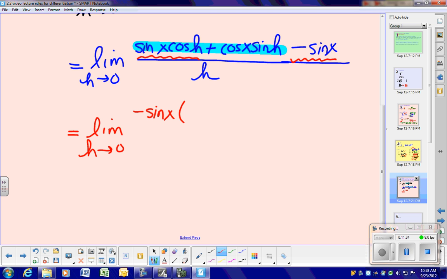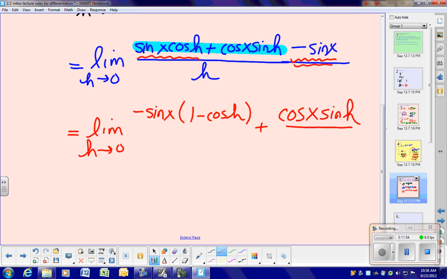So the negative sine is with a 1 from this last term, and then it is with negative cosine from that first term that I underlined in red. And then I also have this other guy, so plus cosine x sine h.